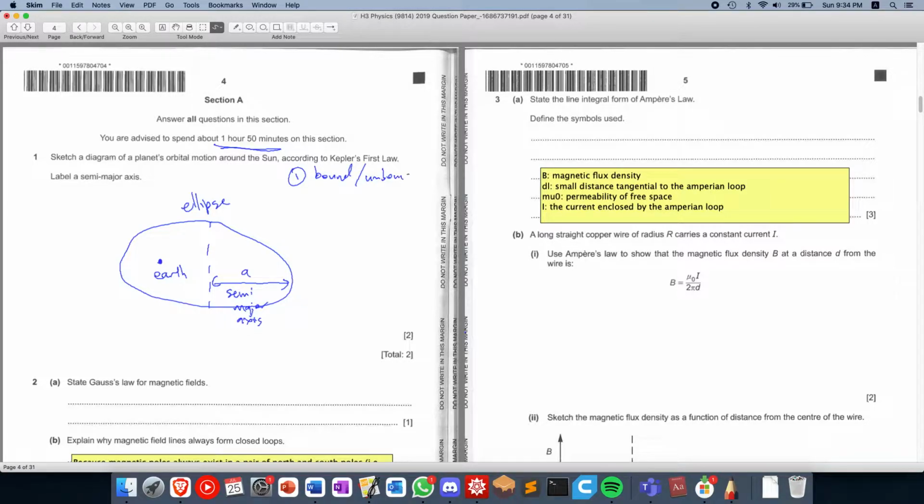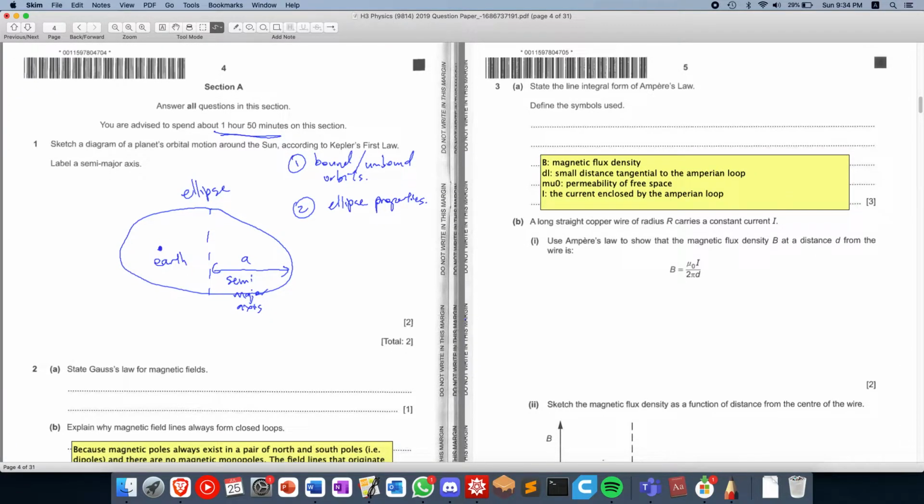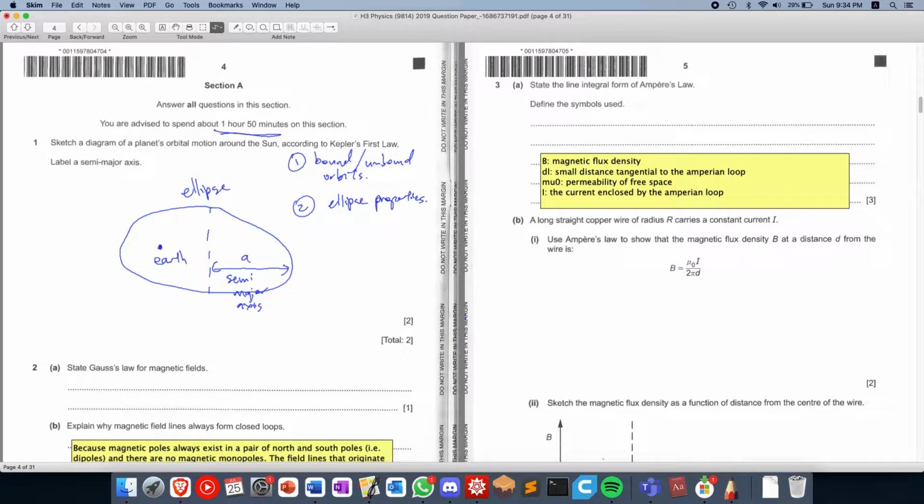So this is just an example as we dive into the first question. And then after that I'll be talking about ellipse properties, let's say. And of course I have to balance between focusing on the paper and talking about related topics.